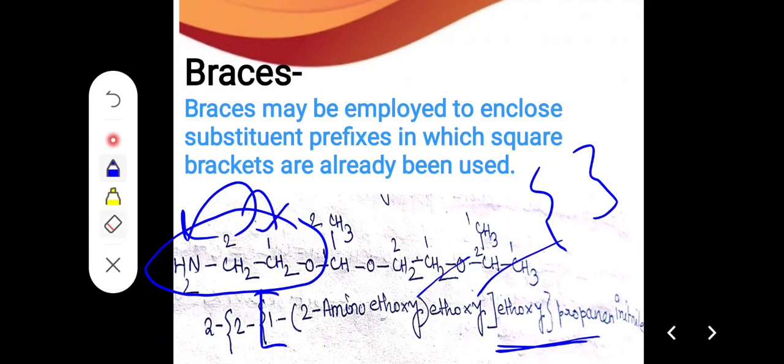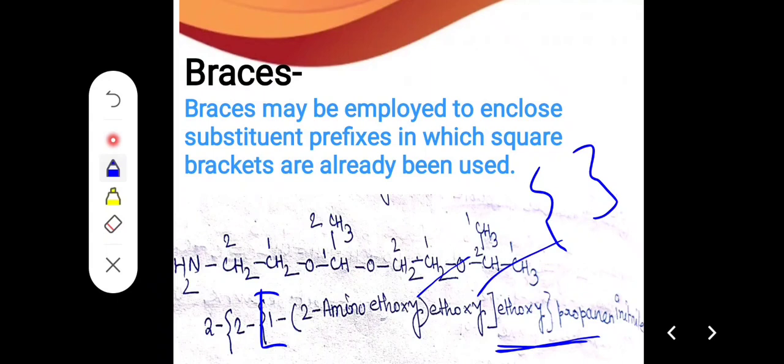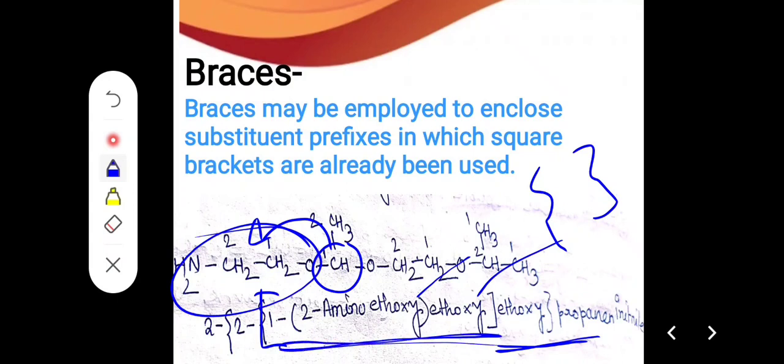So this ethoxy unit is present all over the unit, that should be designated by the third bracket.